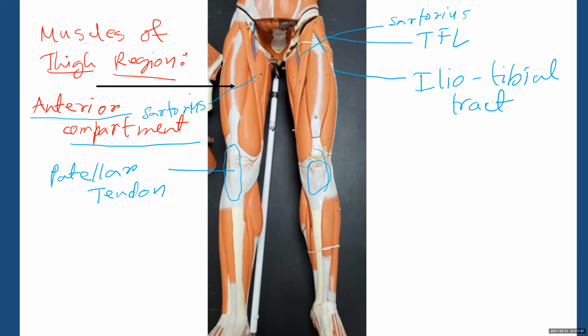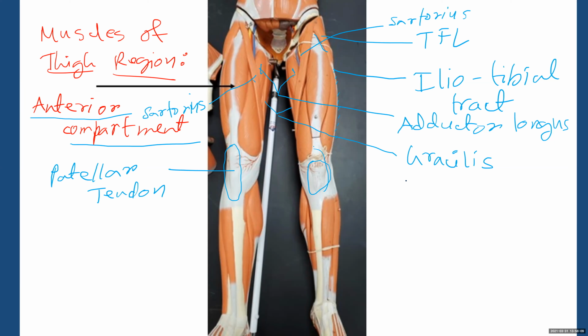Then medial to the sartorius, this muscle on both sides, these two, this is the adductor longus. Then the most superficial medial muscle, this is the gracilis.